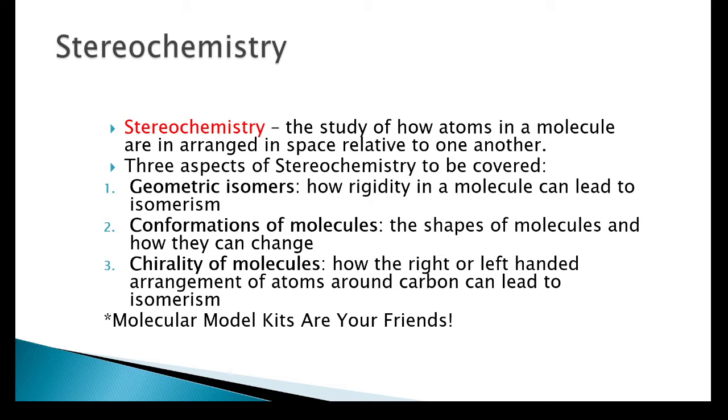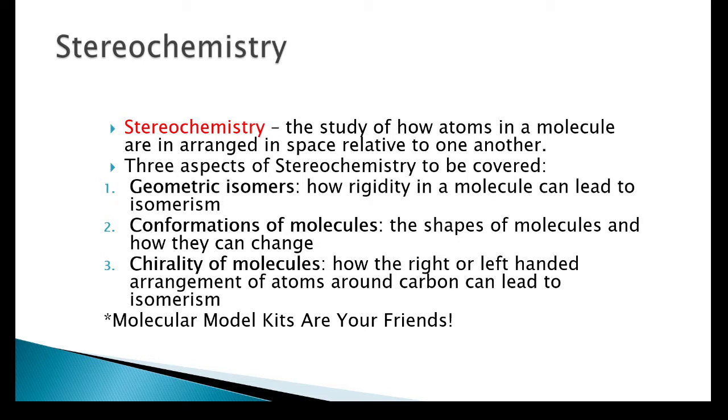Okay, so let's talk about it. A geometric isomer is based on rigidity, and rigidity can lead to forming isomers. Remember, isomers have the same molecular formula, but they might be bonded differently. We talked about structural isomers, where the bonding was different, in the last chapter.